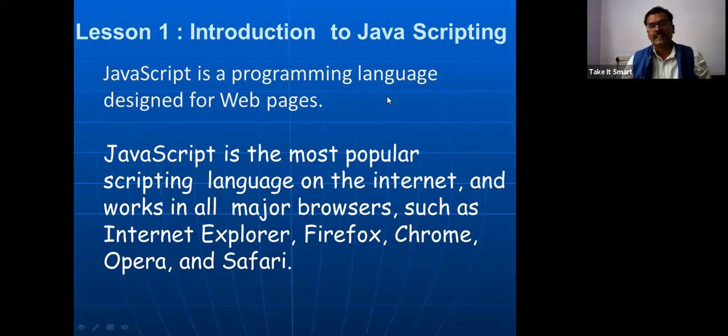So let's understand, guys, today JavaScript is very popular in the market. JavaScript is a programming language. It's not only a scripting language, it's a programming language. It has complete programming capability. If I talk about programming language, what do you mean by programming language?